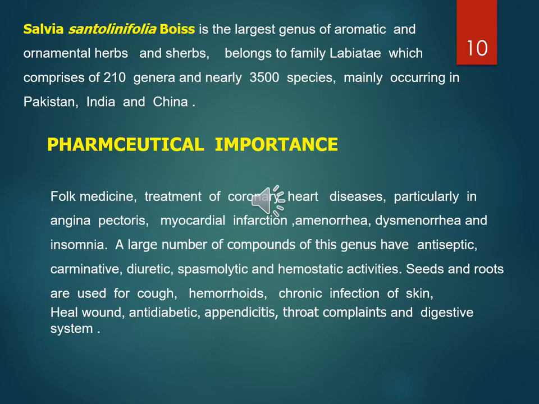Salvia is the largest genus of aromatic and ornamental herbs and shrubs. It belongs to family Labiatae, which comprises 210 genera and nearly 3,500 species, mainly occurring in Pakistan, India, and China. When we see its pharmaceutical importance, the phytoconstituents present in this genus are used as folk medicines, for the treatment of coronary heart diseases, particularly angina pectoris, myocardial infarction, amenorrhea and dysmenorrhea, and insomnia.